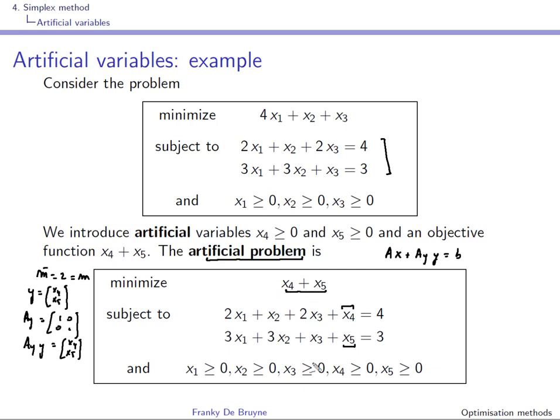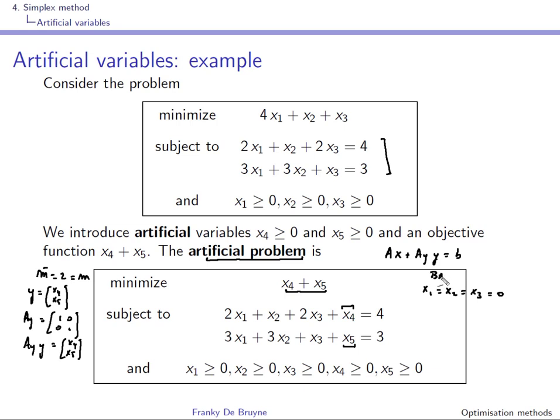And as I said before, by construction it's easy to find an initial basic feasible solution. The basic variables will be x4 and x5, the artificial variables, and the non-basic variables will be x1, x2 and x3, which you can then set to 0.